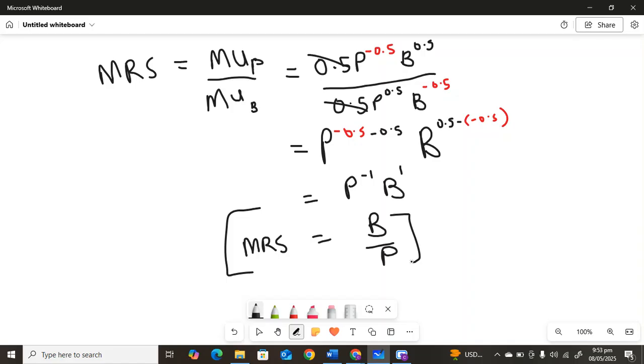So if you are asked to get the marginal rate of substitution, this is what you do. You divide both marginal utilities.